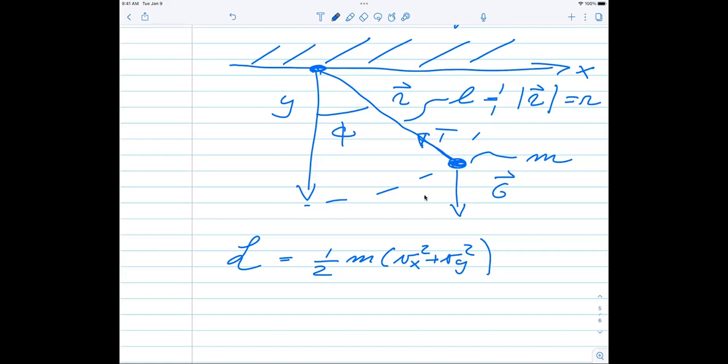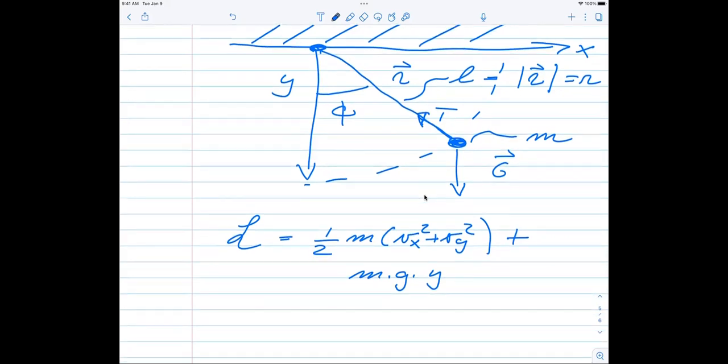And then what we have next is the potential energy, which now is going to be a minus, and then we have a minus, so that becomes a plus here. And then I have an m times g times y. Does everybody agree on that?